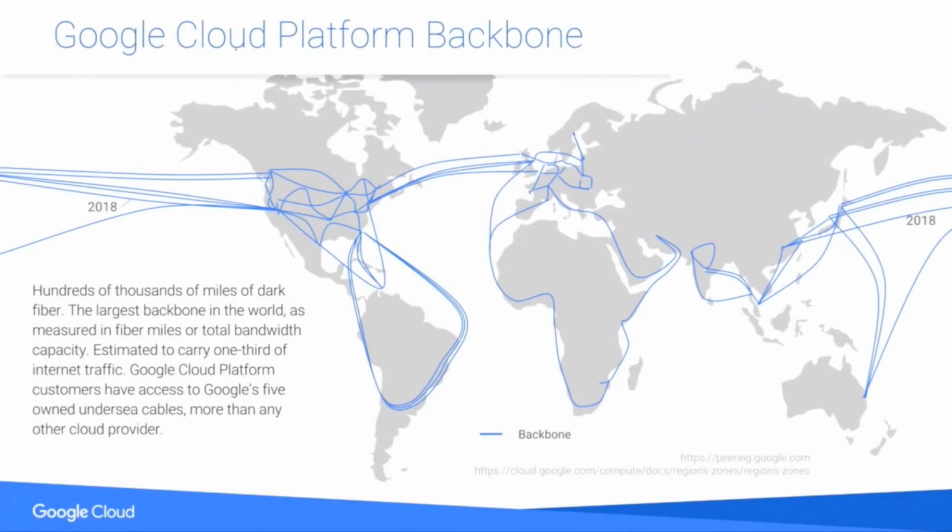And all of this infrastructure is connected together based on the dark fibers that are owned and operated by Google. This is a private network that Google is running, and it is connecting all of these locations and POP services and data centers together.